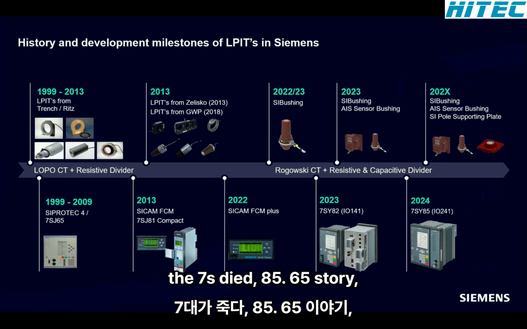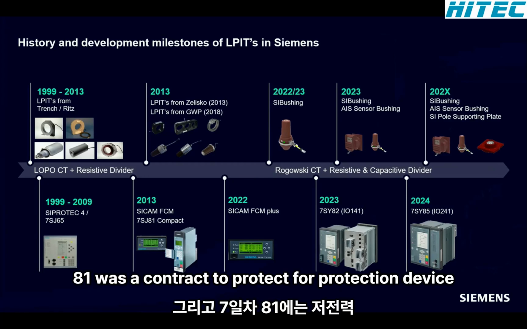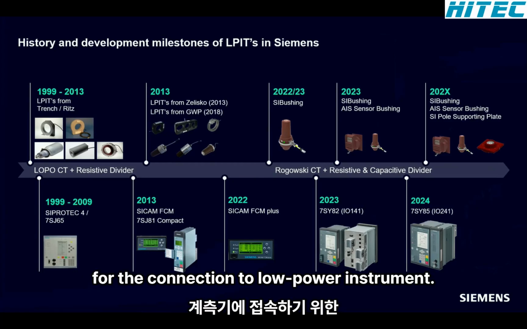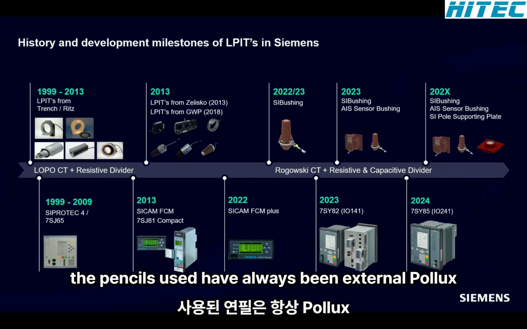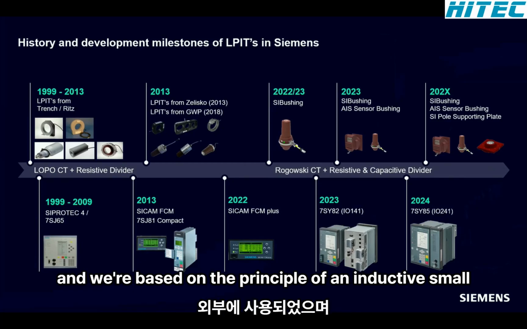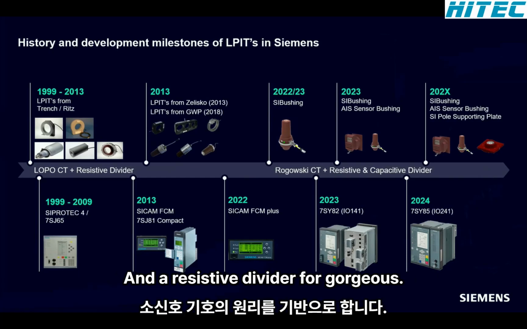At that time, the 7SJ65 was a full-fledged SIPROTEC 4 protection device, and the 7SJ81 was a compact SIPROTEC 4 protection device, both for the connection to low-power instrument transformers. Until today, the sensors used have always been external products and were based on the principle of an inductive small signal sensor for current measurement and a resistive divider for voltage measurement.